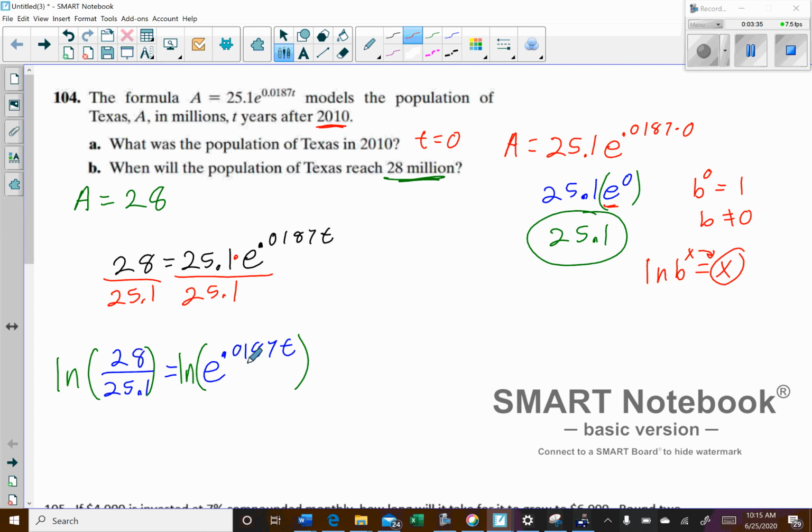So what's going to happen is the right side's just going to simplify into, and I'm going to write this over here where I have more room. The left side, well, let's see, so I'm going to have natural log of 28 over 25.1, and then the right side's just going to simplify into that exponent, so 0.0187t. Okay?